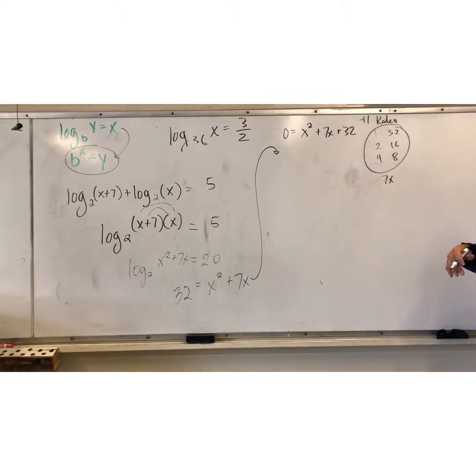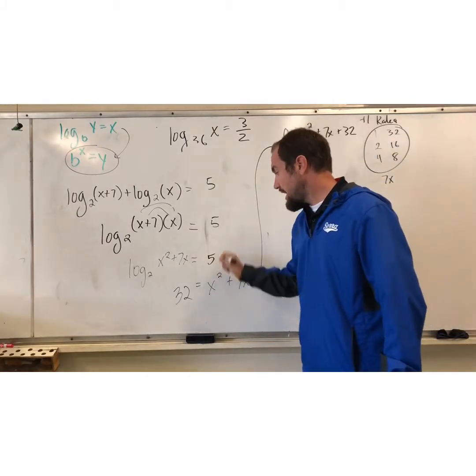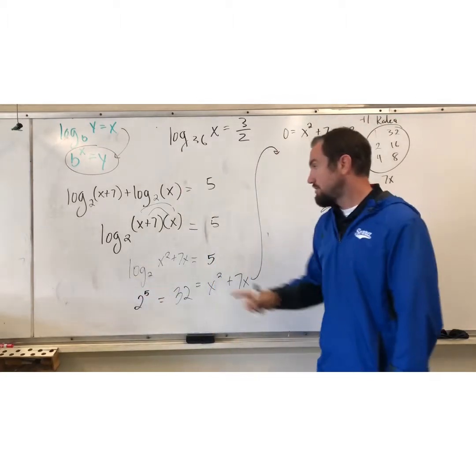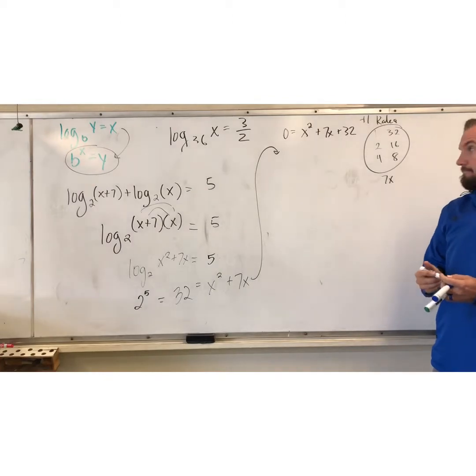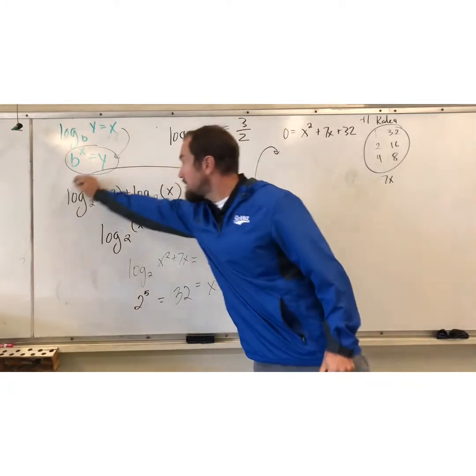How did you get 32? That was from us having 2 to the 5th. 2 to the 5th gave us this. Oh, you changed it. Can you explain that middle part, this right here? Yes.